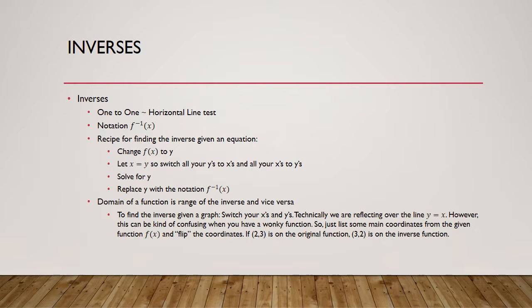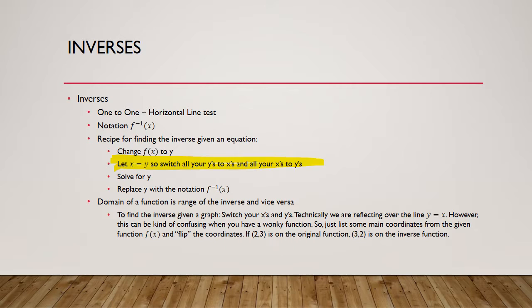The last way that you can be given an inverse question is to talk about the graph of a function versus the graph of its inverse. So the reason we did the function notation one first is because it actually tells you the rule for graphing. So in the function notation rule for finding an inverse, step 2 says let x equal y.